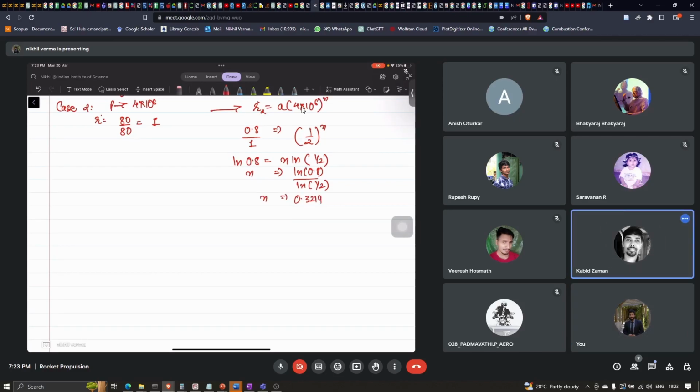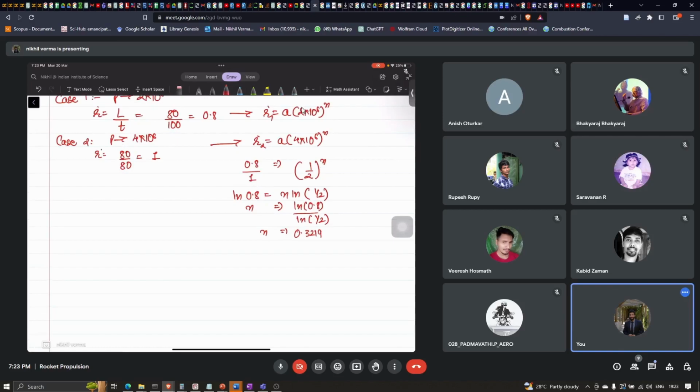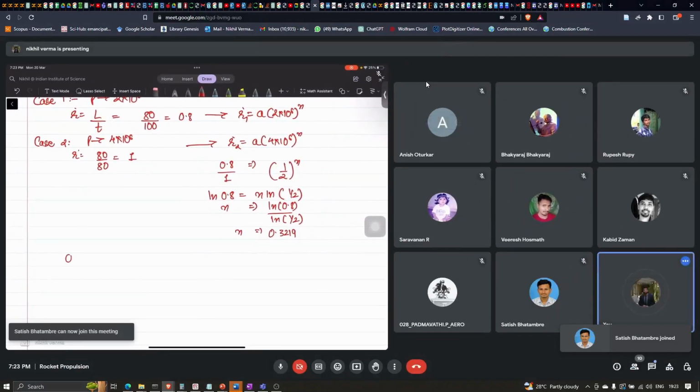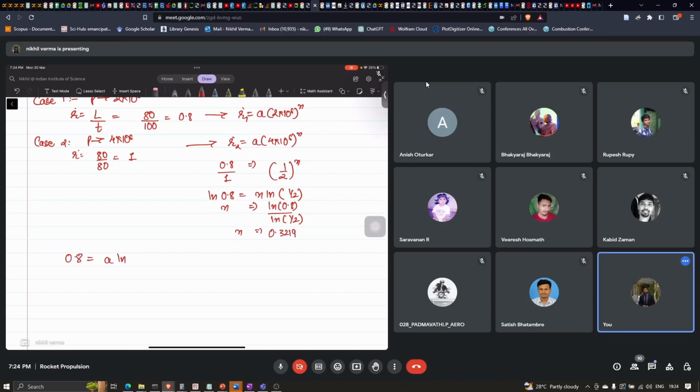Yeah, 0.32. Okay, so for a, we can substitute in either of the equations. So 0.8 is equal to a into 2 into 10 to the power 6 to the power 0.3219.